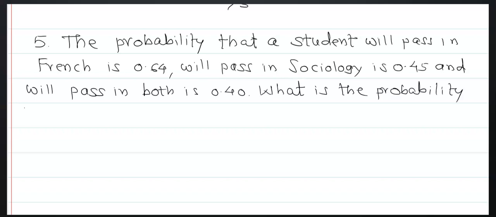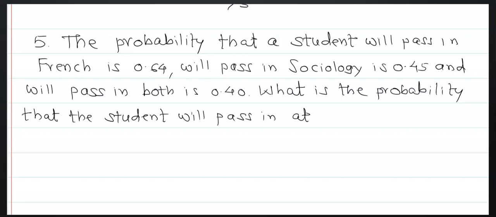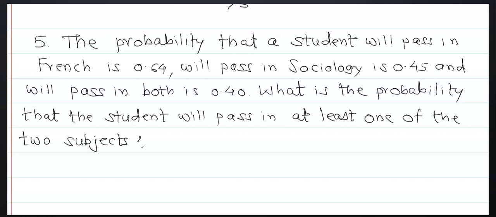What is the probability that the student will pass in at least one of the two subjects?